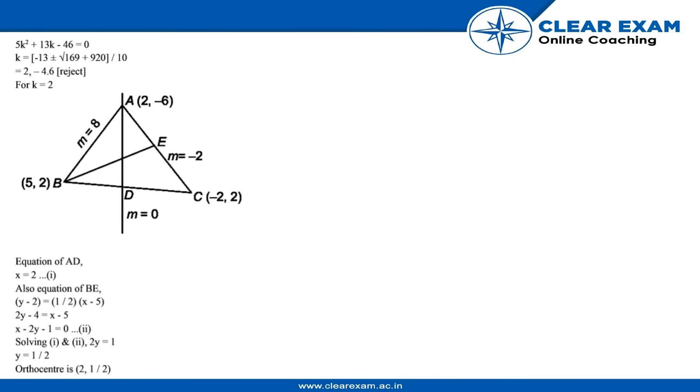Now we have taken the equation 5k square plus 13k minus 46 equal to 0, and it is a simple quadratic equation.